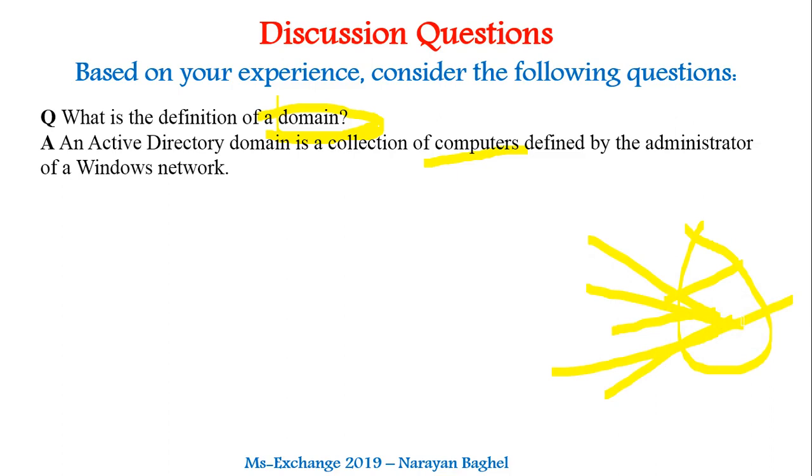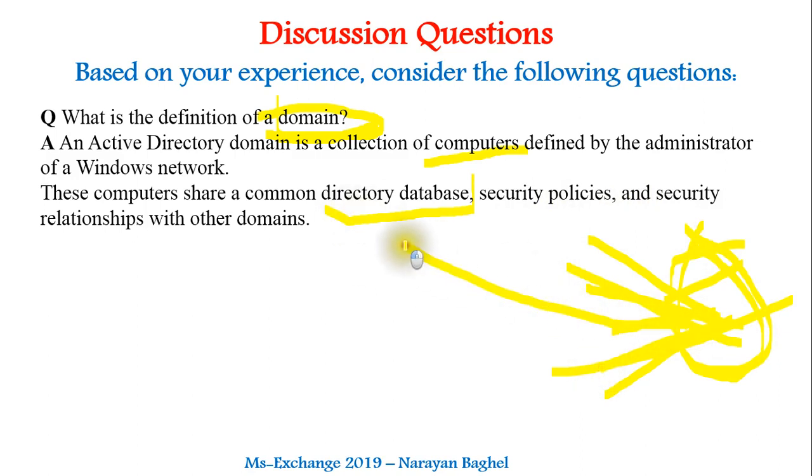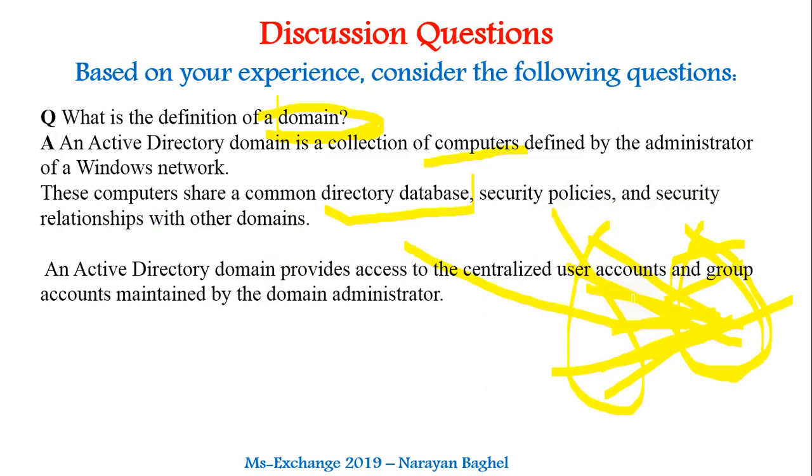These computers share a common directory database, and common security policies will come from here. The directory database will be common for all the computers, and the security relationship with other domains, if they apply any policies, will be shared by all the computers.